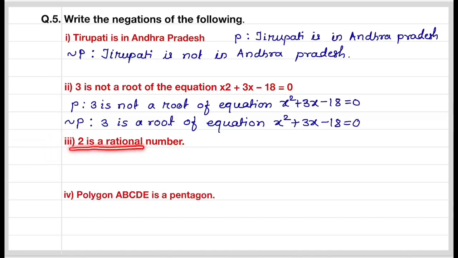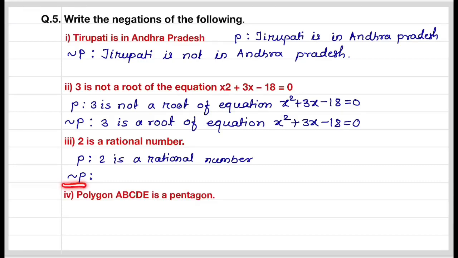Now example number 3. 2 is a rational number. Now you try. First of all, write the statement. 2 is a rational number. Then its negation.